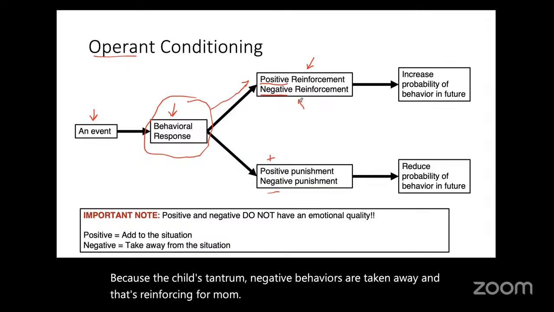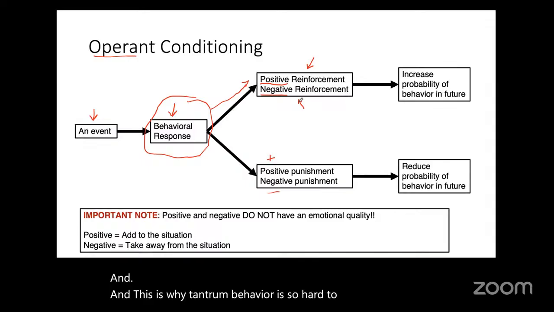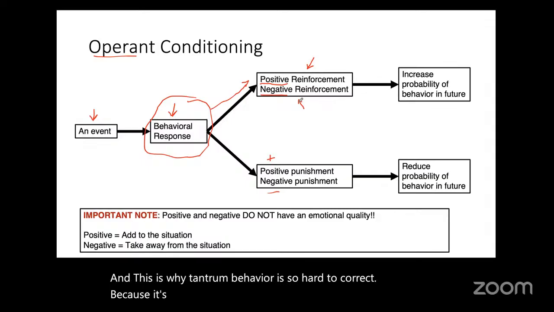So we have two people who are learning this behavior, and this is why tantrum behavior is so hard to correct, because it's not just the child who is being rewarded for that tantrum. Mom is too.